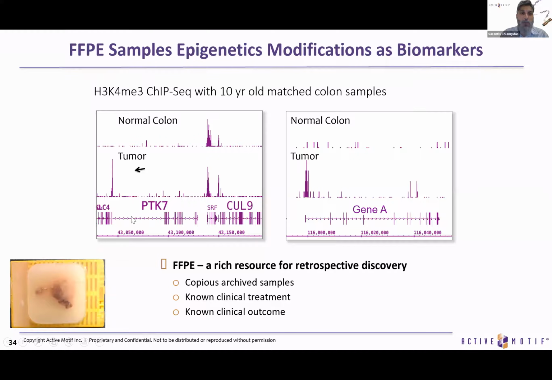We were able to identify that this mark is located really nicely at the promoter region of this target gene, PTK7, a known biomarker, but also in the promoter of this new gene in the cancer conditions. Of course, this is potentially a novel biomarker.